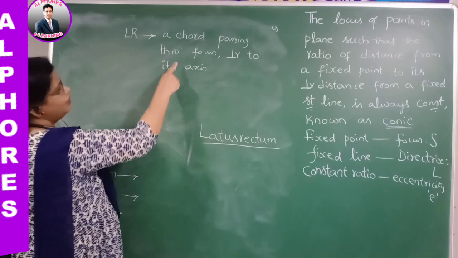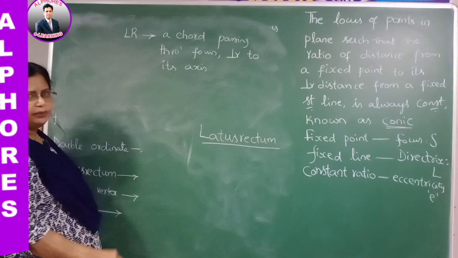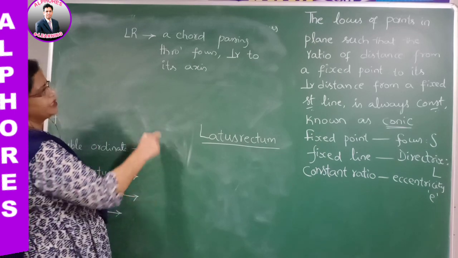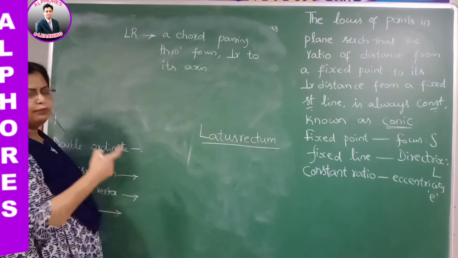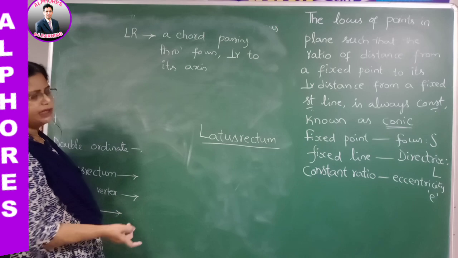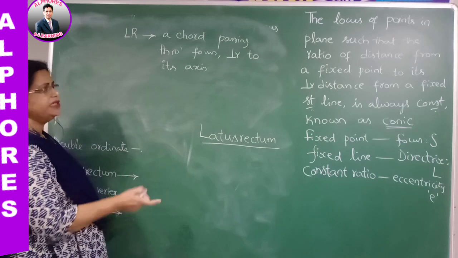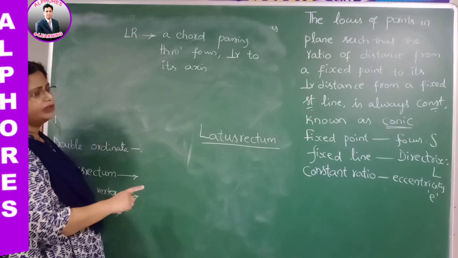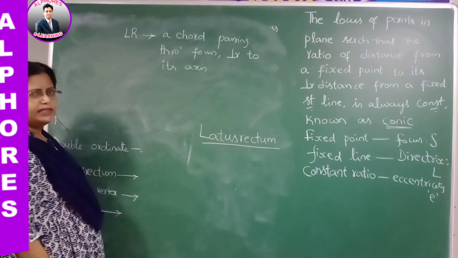If a focal chord is perpendicular to the axis of the conic, that is again the latus rectum. Or, if a double ordinate is passing through the focus, then also you can call it the latus rectum.